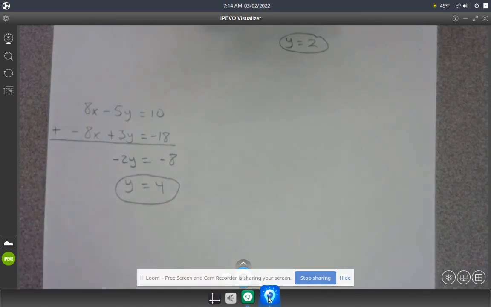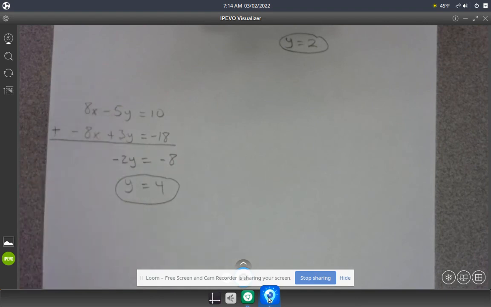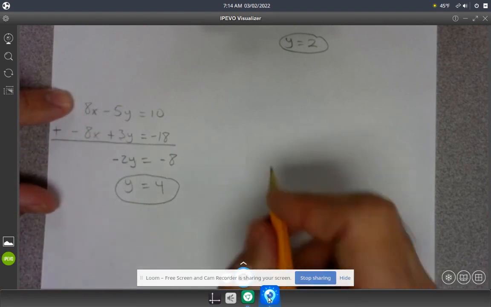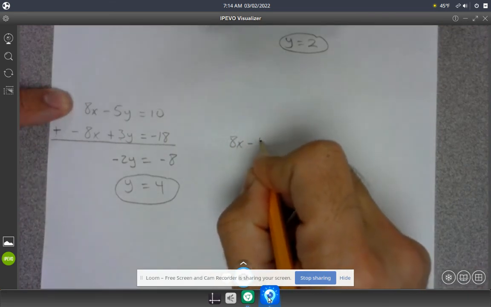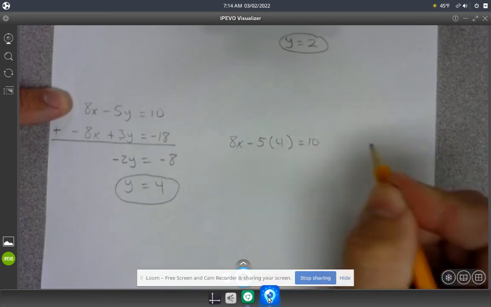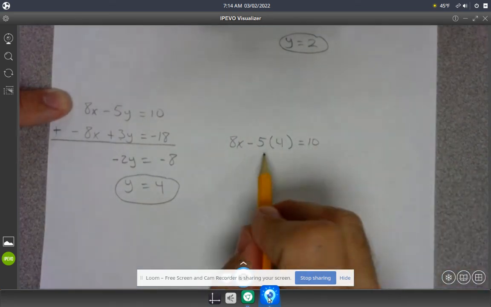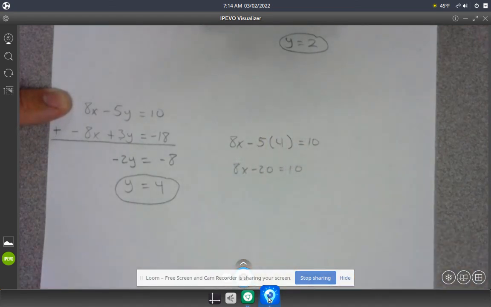Cool. All right. Take that y and plug it back into one of these equations. I think I'll go with the top equation again. All right. So 8x minus 5y, but I'm going to plug in a 4 there. This will be 20. 8x minus 20 equals 10.